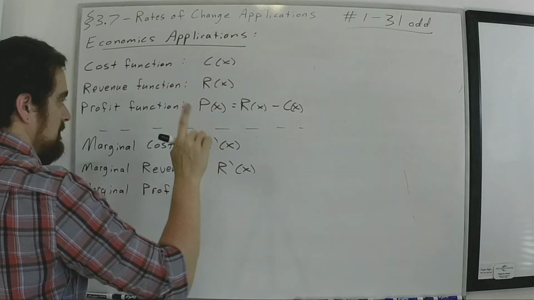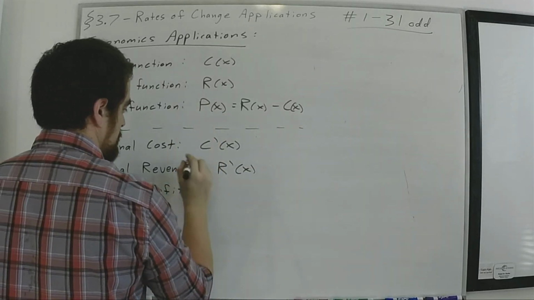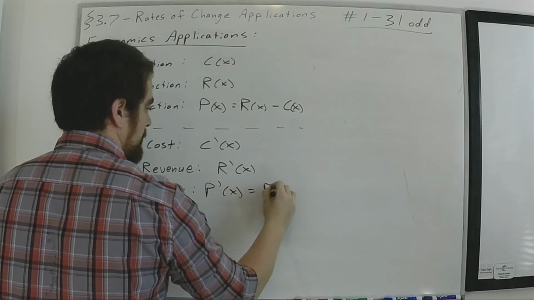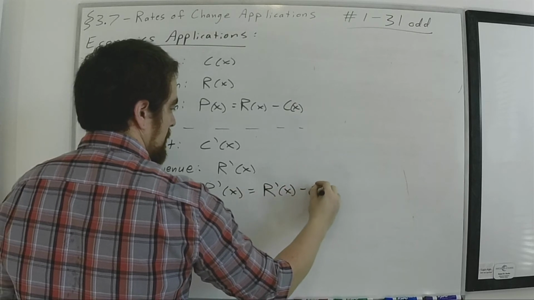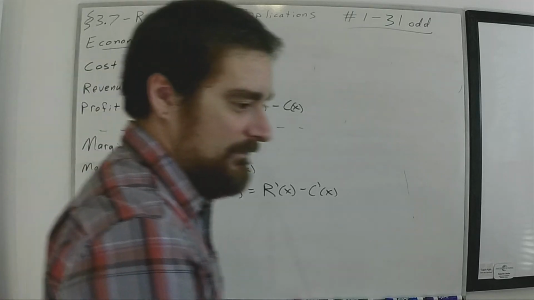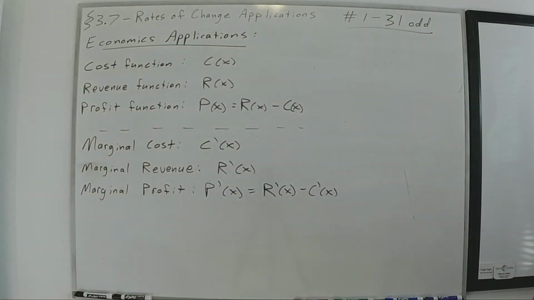Is profit increasing or decreasing? Of course, we always want it increasing, right? So that is p prime of x, which is r prime minus c prime. If you take applied calculus, aka business calculus, then you see this stuff all day, every day.